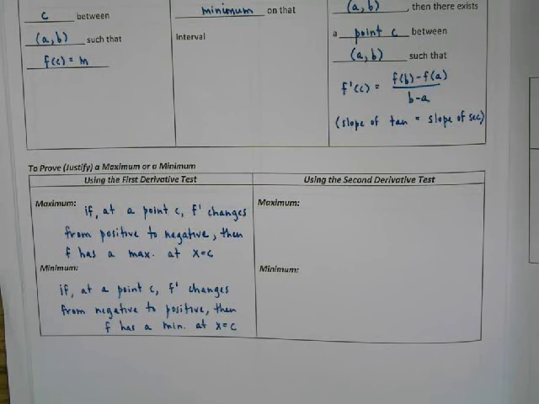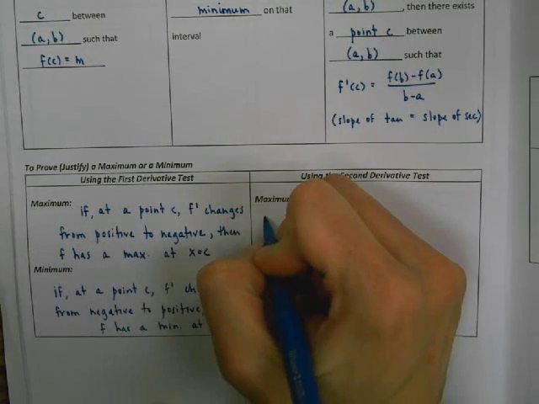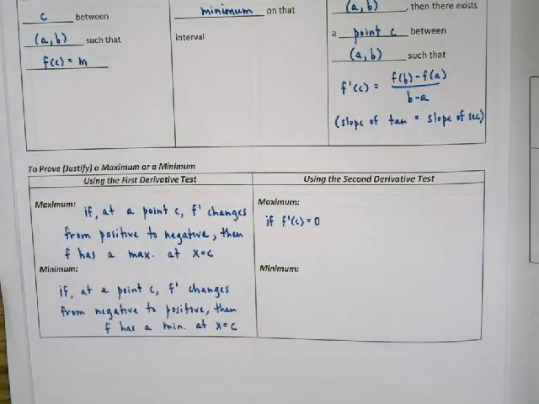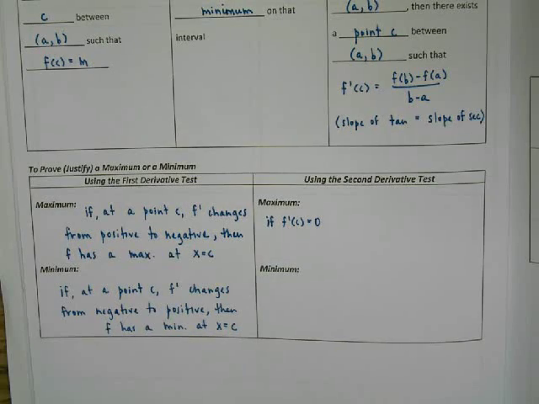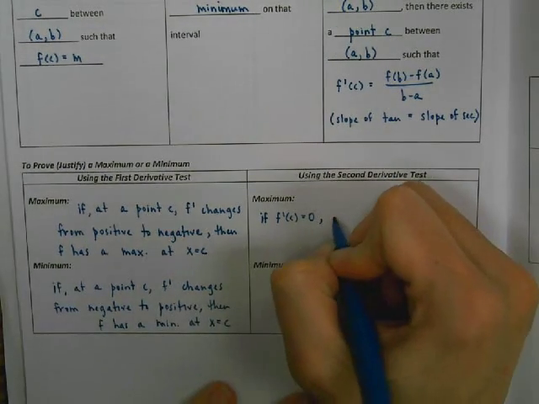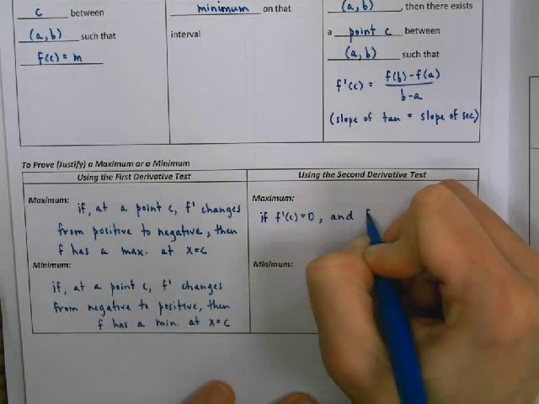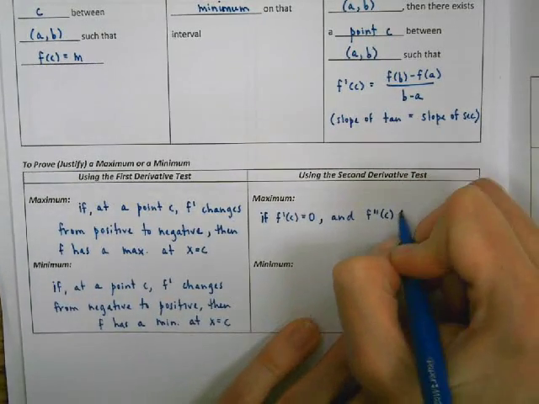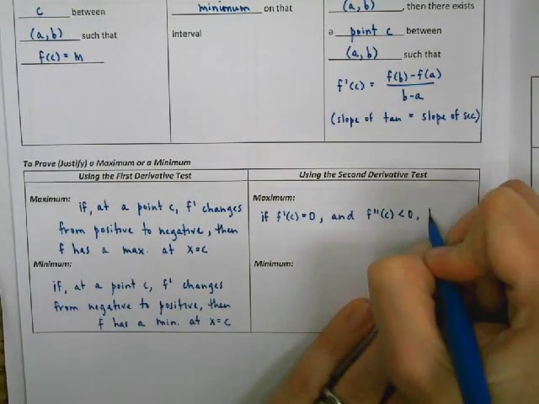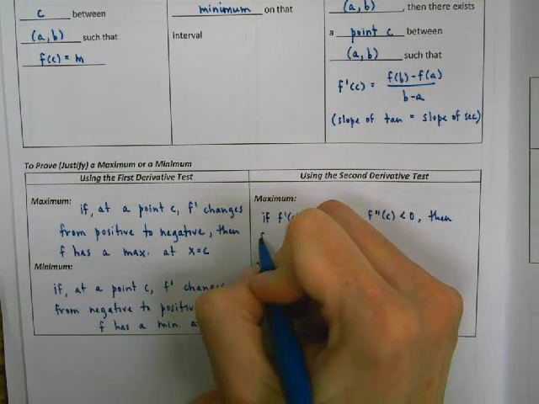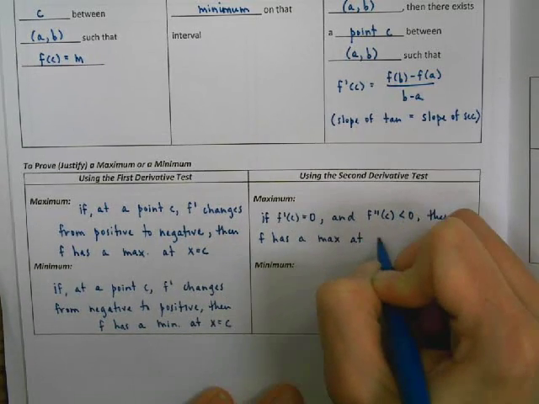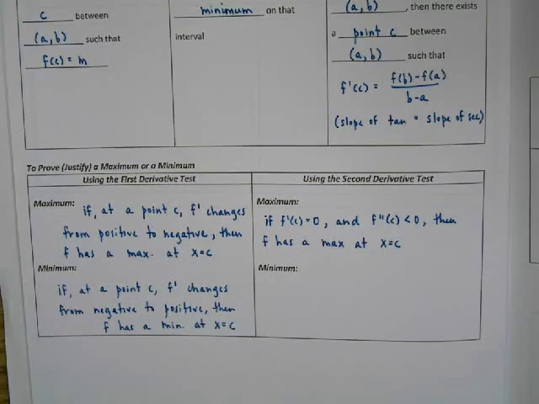So the second derivative test was a little bit new. For the second derivative test, it looked like this. We said if f prime of c equals 0, so at some value of c, my derivative is 0, or I have a horizontal tangent, and f double prime of c is less than 0, then f has a maximum at x equals c.